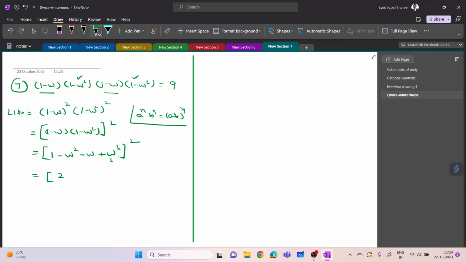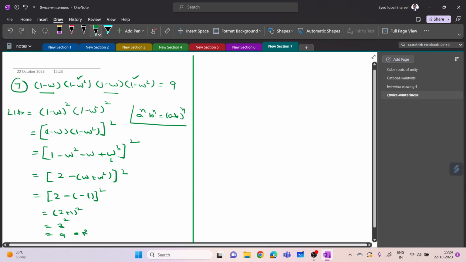So 1 plus 1 is 2. Minus, if you take common, omega plus omega square. Omega plus omega square is minus 1. So minus into minus plus. So 2 plus 1 is 3. Square is there. So 3 square is 9, which is our right hand side.